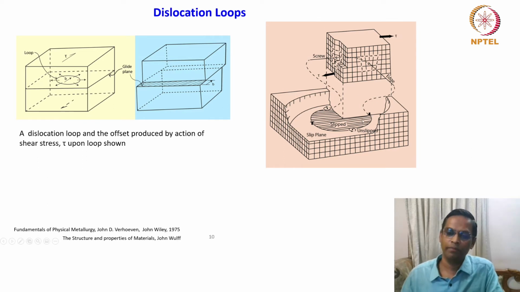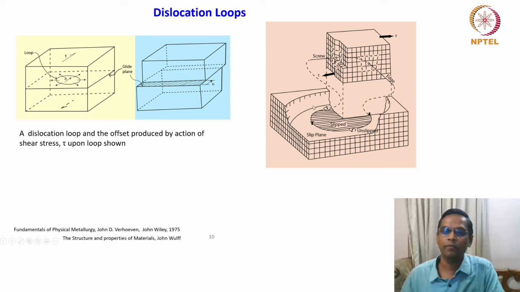And how do we understand this loop with respect to the screw and edge character? That's what is shown here. It's the same idea, but as we have done with the previous slides, we have taken some extra schematic to describe and get more clarity. Similarly, we can do that here.